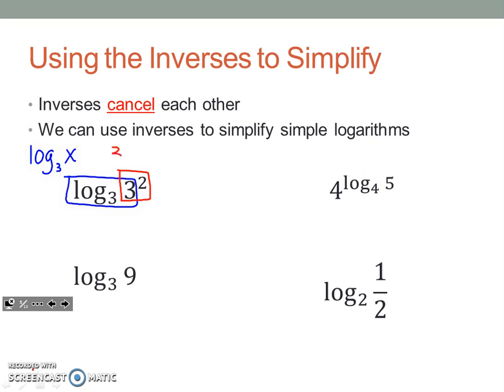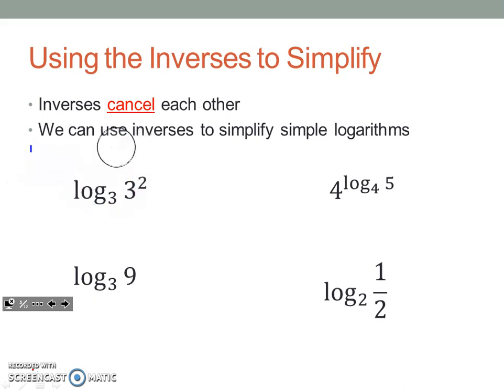And then I have a 3 to some power. So if I'm looking at my log base 3 of x, and I'm looking at my 3 to the x power, those two are inverses of each other, correct? They have the same base. One's a log, one's an exponential function.